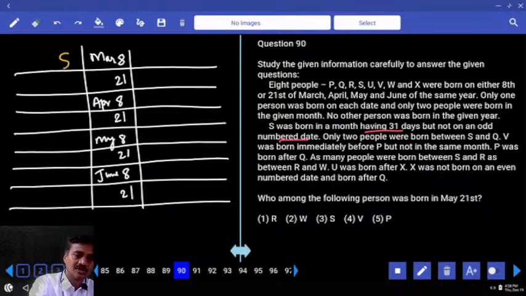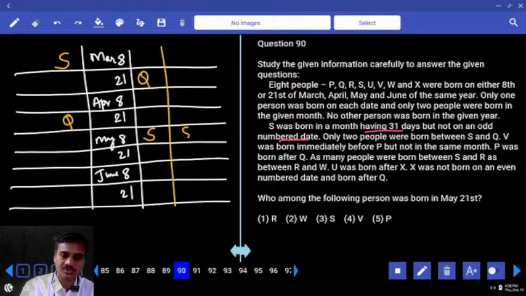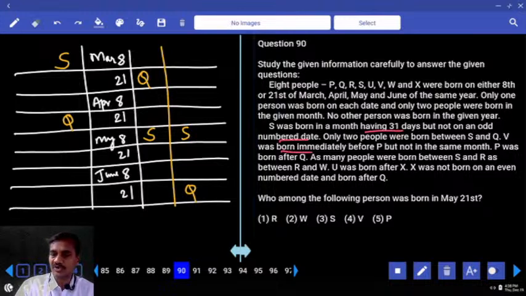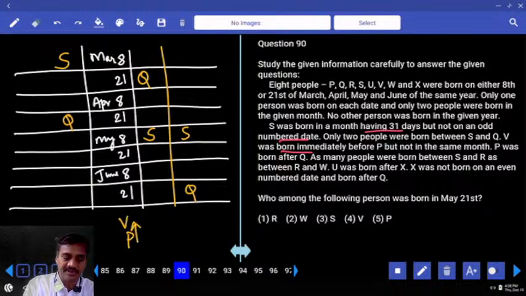March 8th or May 8th, 2 possibilities. And only 2 persons between S and Q. Now here, 2 persons between S and Q. There are 2 possibilities, Q can be either here or here. Then 2 possibilities here. And V was born immediately before P, but not in the same month. That means they were in 2 different months. P was born after Q.